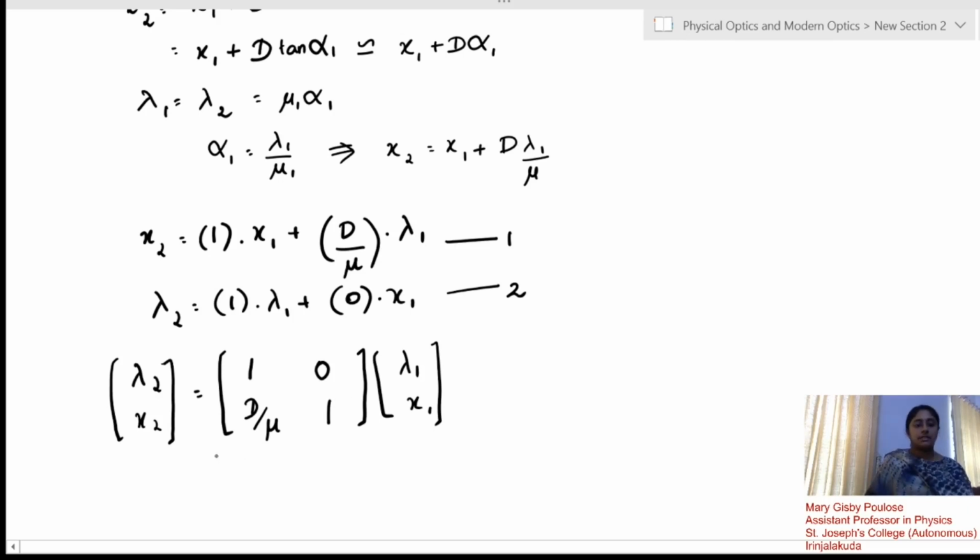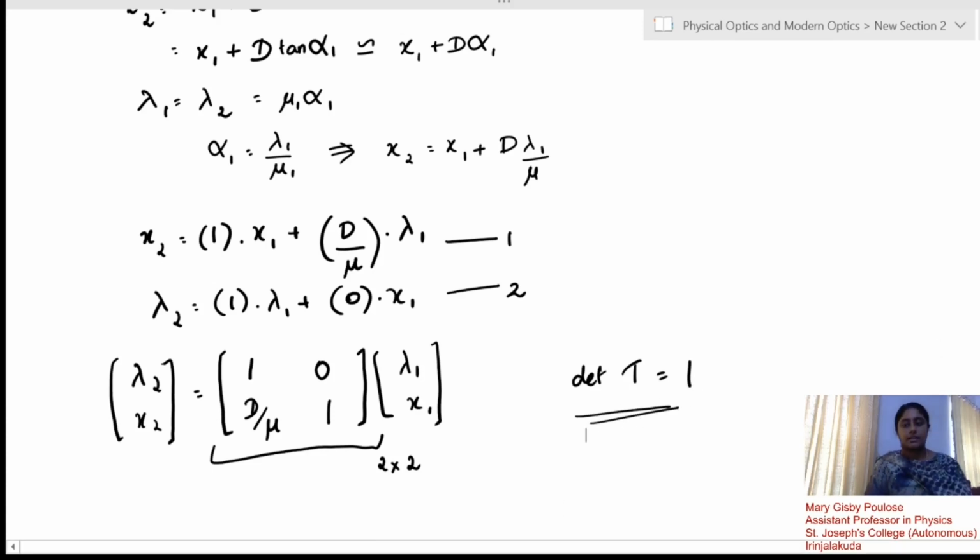So this is your matrix to represent the translation of a light ray from point A to B. We see that the translation matrix is a 2 by 2 matrix, and usually the property of the translation matrix is that the determinant of the translation matrix will be equal to 1.